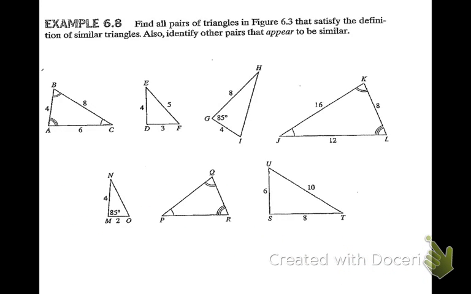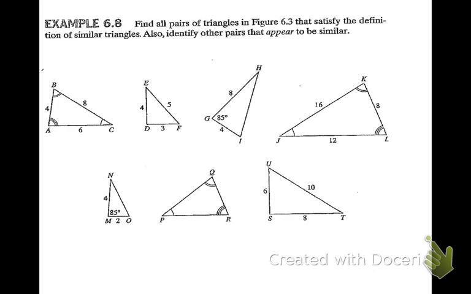6.8. Identify all pairs of triangles in figure 6.3 that satisfy the definition of similar triangles. Identify other pairs that appear to be similar. Okay, so according to our definition, all three angles have to be congruent, and all the pairs of sides have to be proportional.